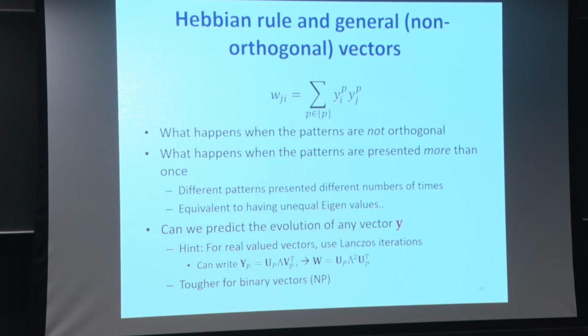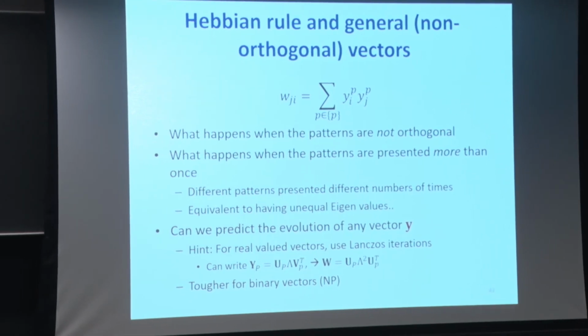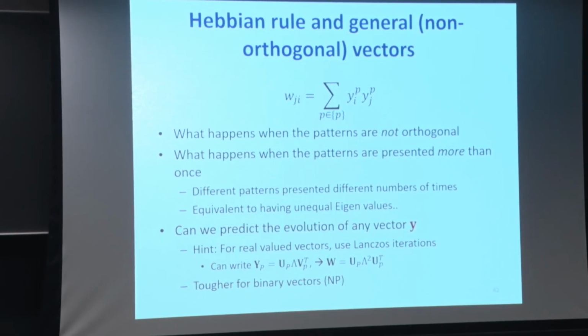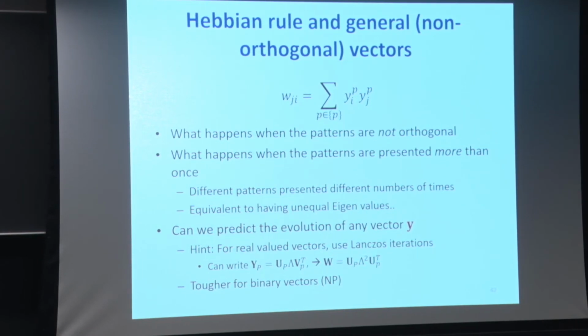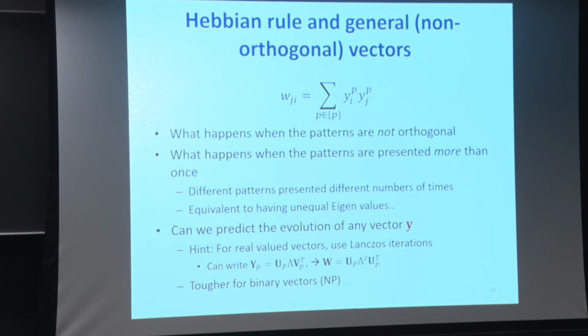So let's look at what happens in this case. Suppose I gave you these y's which were not symmetric, they were not orthogonal, and I had different numbers of repetitions of different y's. How would I analyze the behavior of the network? I can still analyze the behavior of the network.